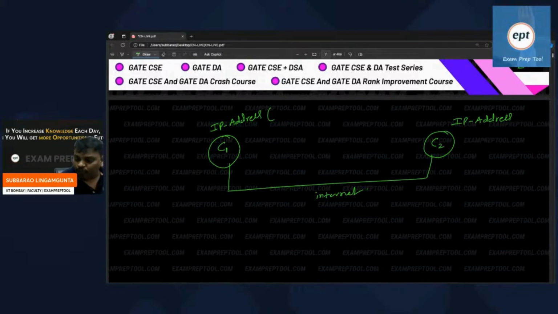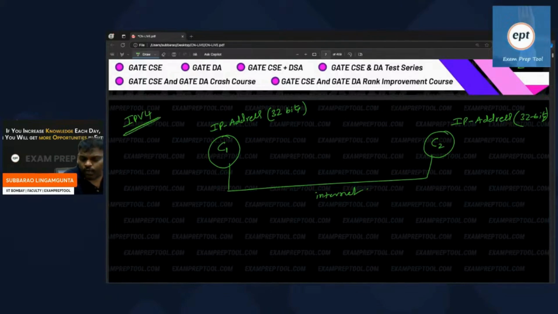According to IPv4, it is 32 bits. IPv4, Internet Protocol version 4.